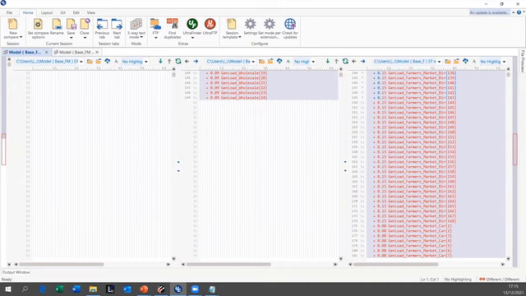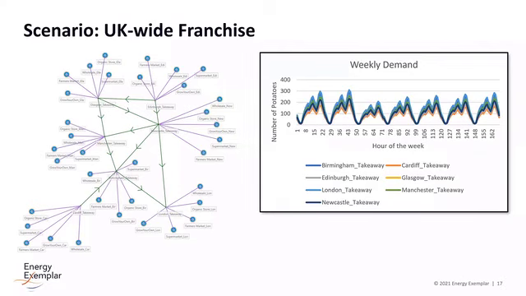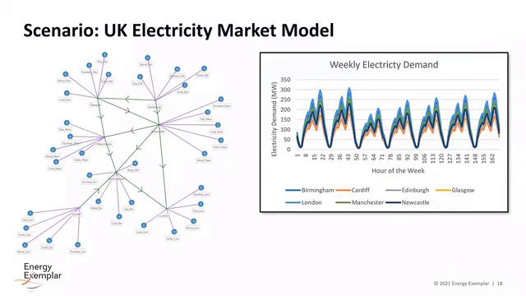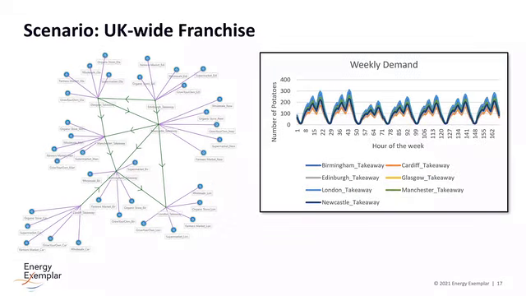Again, just to emphasize, while there's additional complexity, the structure and the questions that we're asking are still the same. But because of the additional complexity that we've added, Plexos becomes a really helpful tool when trying to find the answer to those questions. If we were to now take a look at what an example UK-wide electricity market model looks like, in going from that switch, hopefully you can see that the general structure has been the same.